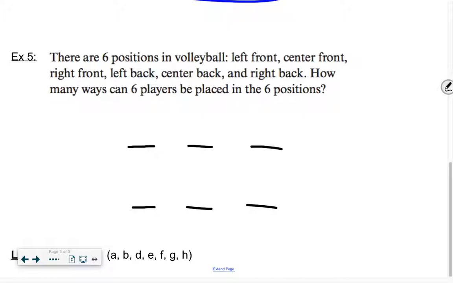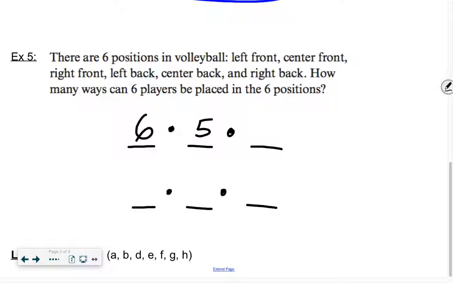So it doesn't really matter where we start by placing these players. Let's just go ahead and start with our back left position. There are 6 players on the roster, which means we have 6 different options to put in that back left corner. Now once we choose one of those players, we only have 5 remaining for the second position.